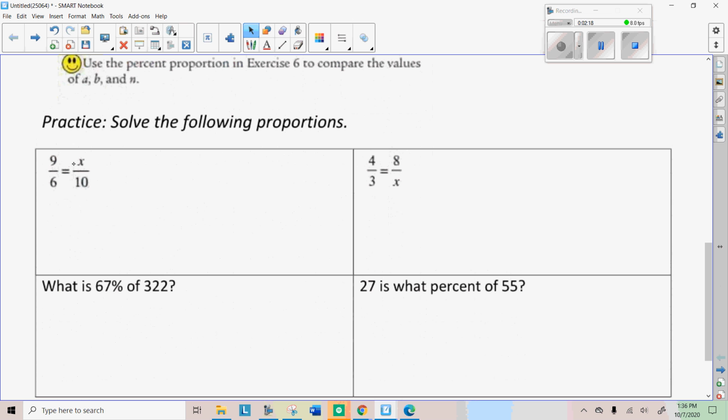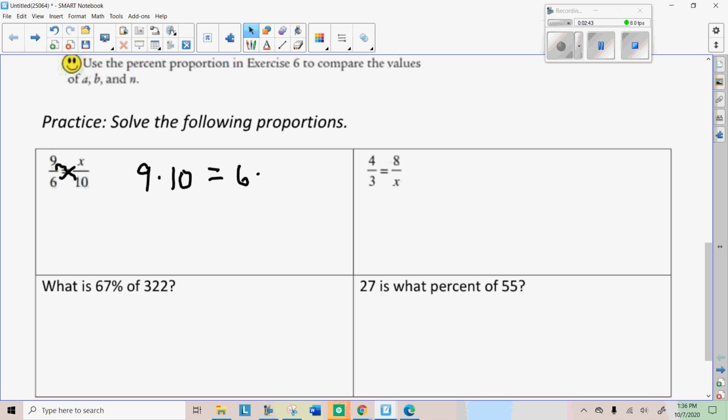So in this case, 9 is the part, 6 is the whole, and this is just a regular proportion, so it's not actually percent. But here's how you solve a proportion. When you have two things that are proportional, the cross products are equal. So that means that 9 times 10 will equal 6 times x.